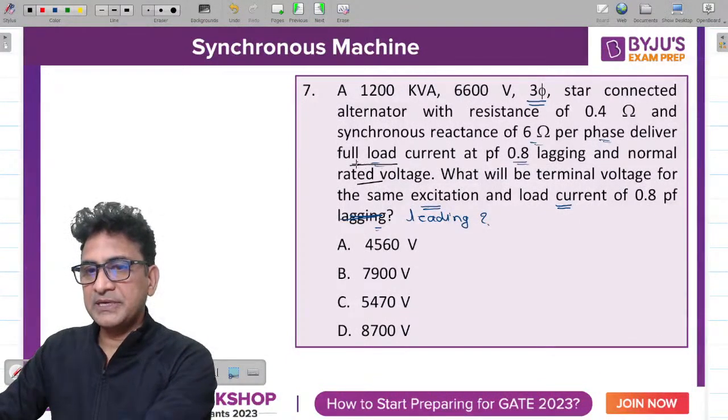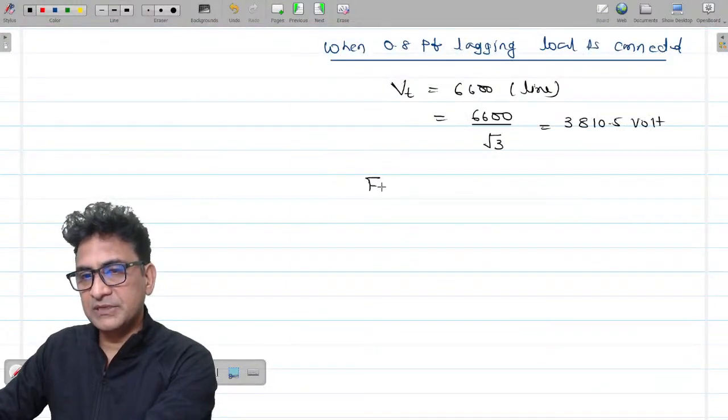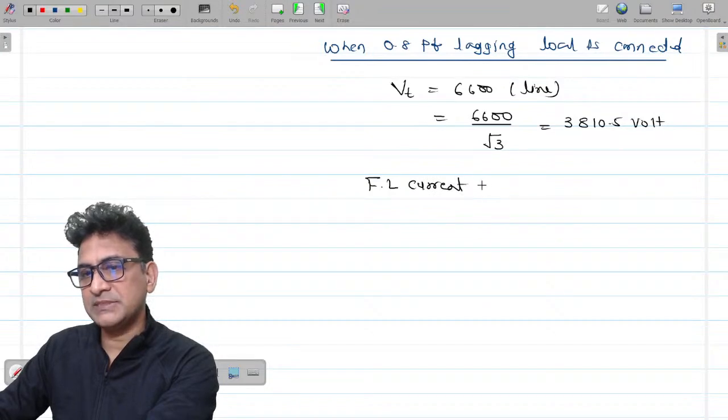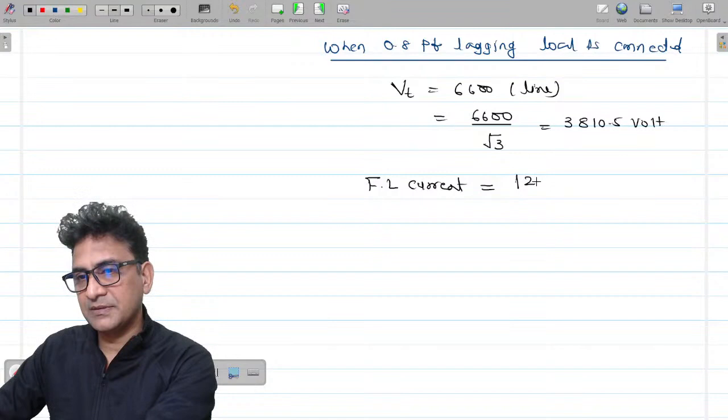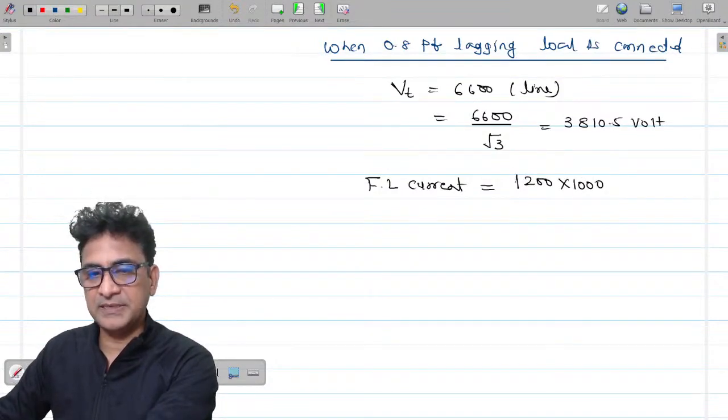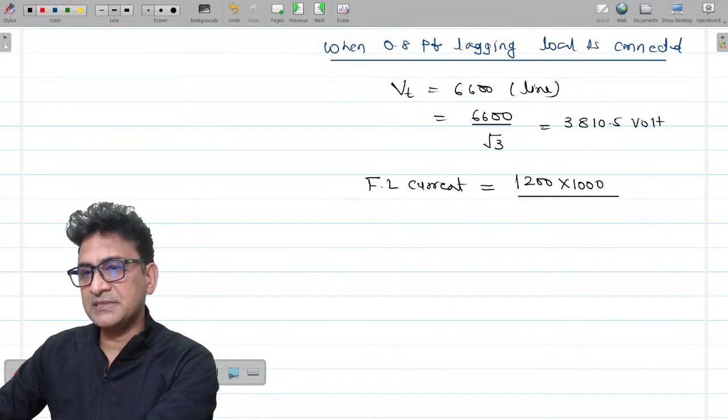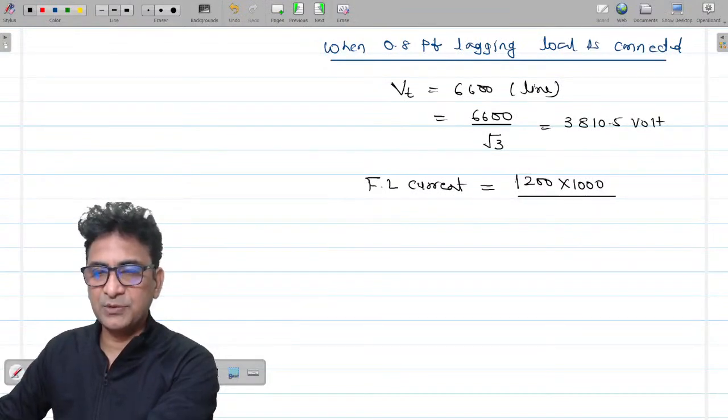since it is operating at full load, find the full load current. Full load means rated current. The rating is given as 1200 kVA. kVA means multiply by 1000 to become VA. 3-phase kVA is √3 VL into IL.